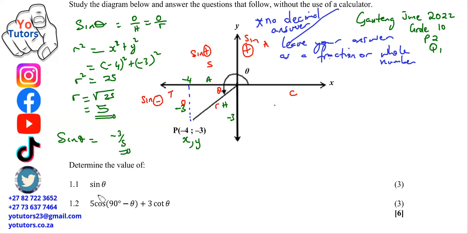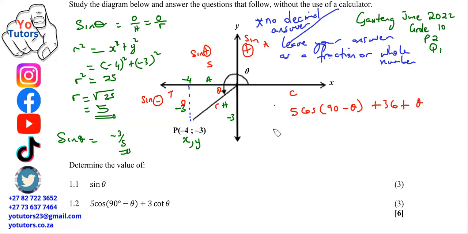What about this 1.2? 1.2 is saying 5 cos(90° - theta) plus 3 cot theta. So what we need to understand first is what cos(90° - theta) is.